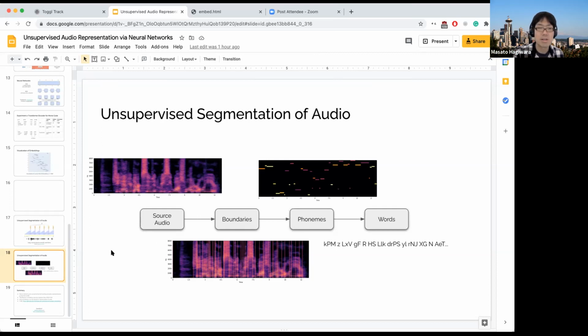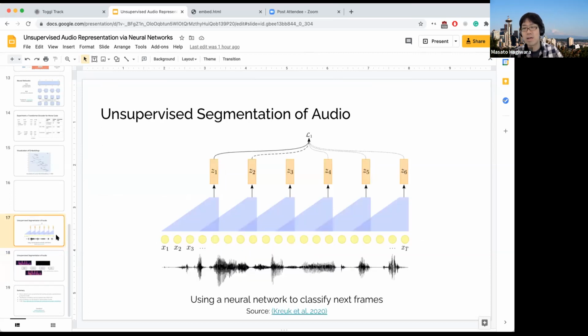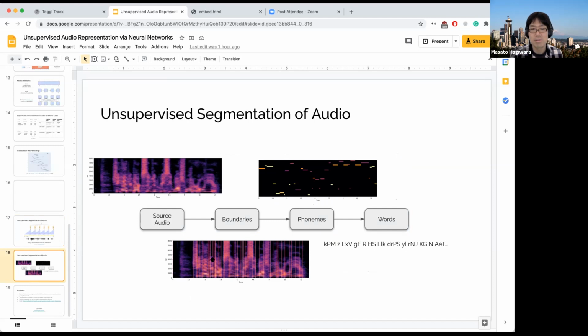So you can do segmentation of speech without any supervision. This is very similar to how we train word embeddings. You don't have any supervision, but you have this neural network solve a very artificial task of predicting the next frame, and then it actually works. In this proof of concept work that I tried, you actually see the boundaries between phonemes, and you can then cluster them based on how they sound.